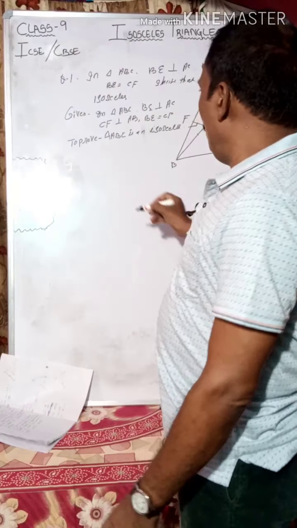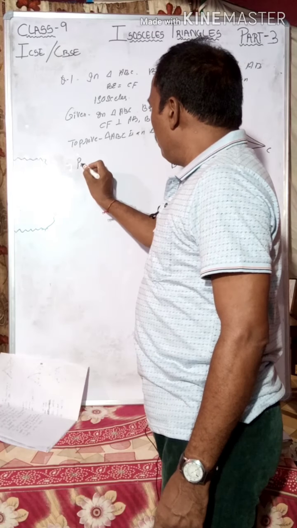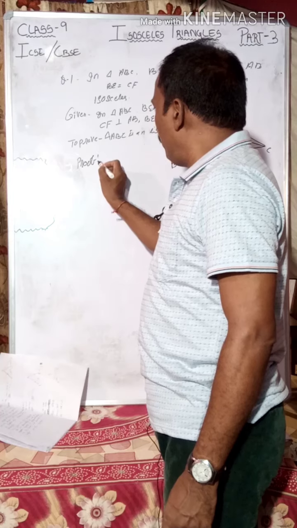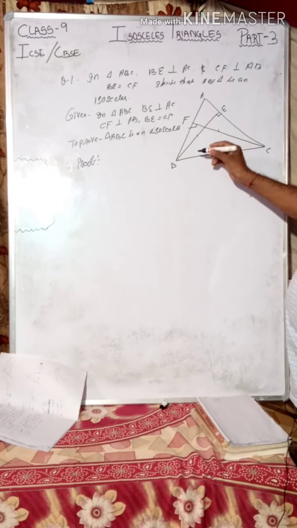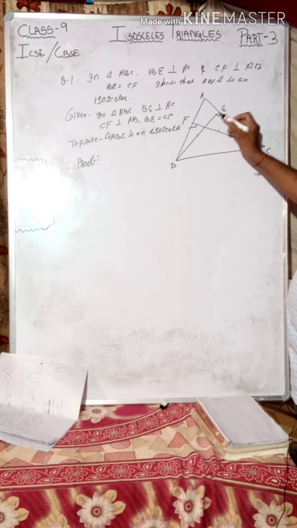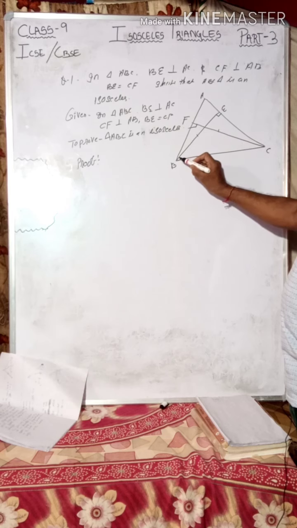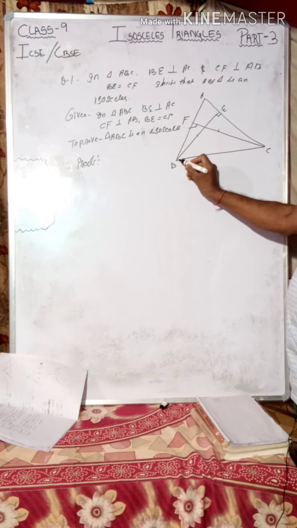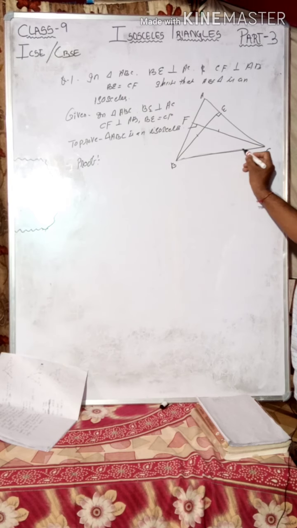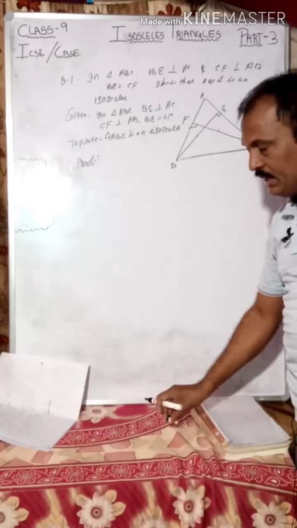Now look, proof. BE is equal to CF, taking BC as the base.